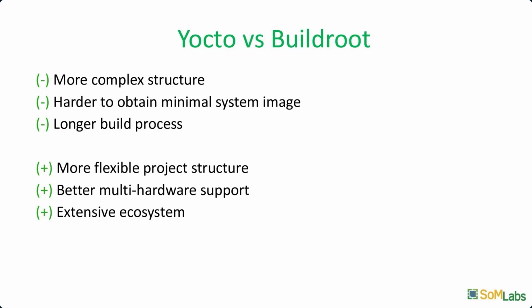It is much easier to obtain a minimal system image if you have some real strict requirements about storage. Buildroot may be a better choice, and you can create a Buildroot system much simpler, much quicker.